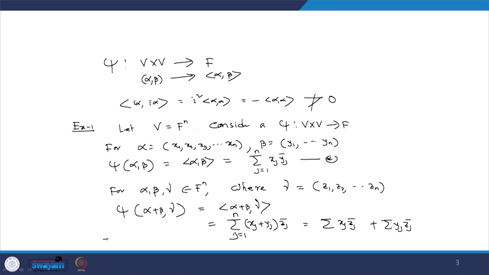So, this implies psi of alpha plus beta comma gamma, which is the inner product of alpha plus beta, gamma, is equal to the inner product of alpha and gamma plus the inner product of beta and gamma. So, the linear property holds good. The second one you can also see easily.